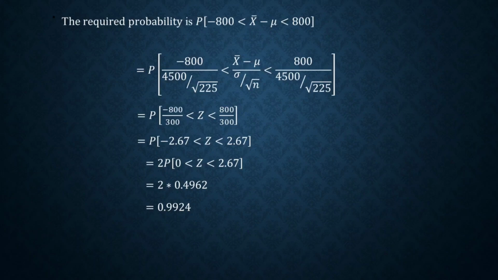So in the normal curve, again the negative side, instead of calculating the negative part, it is enough to find the positive part. So we have 2 times P of 0 less than Z less than 2.67. Again using the table value, P of 0 less than Z less than 2.67 can be found as 0.4962. So the probability value is 0.9924, which is the required answer.